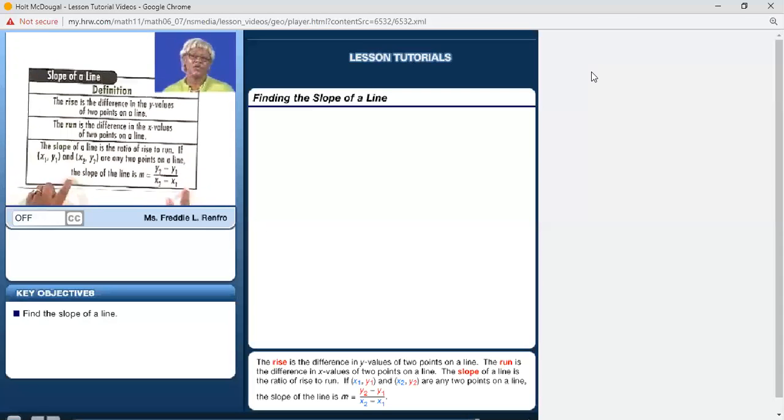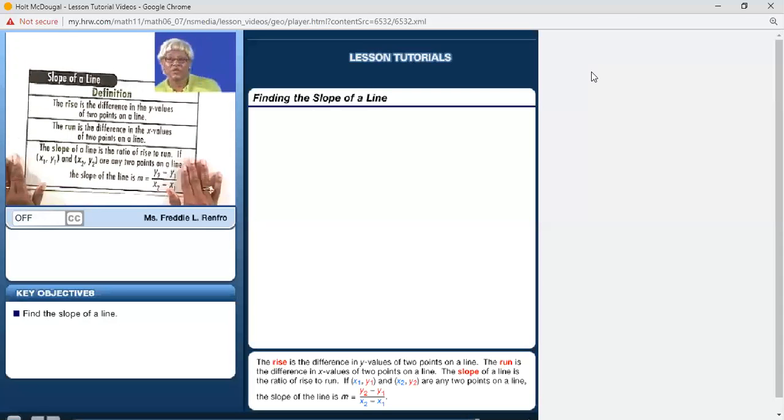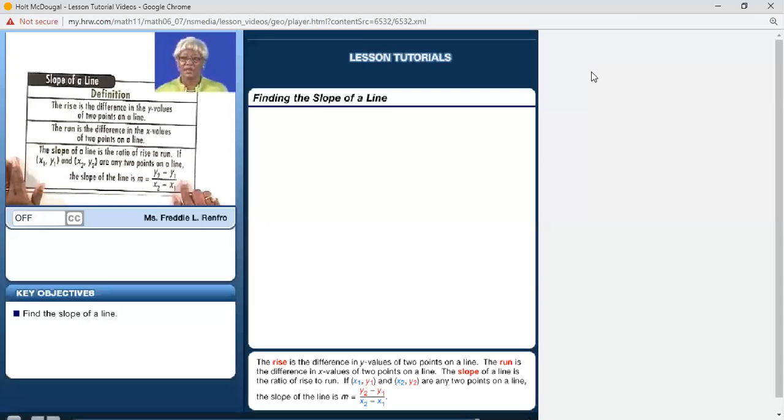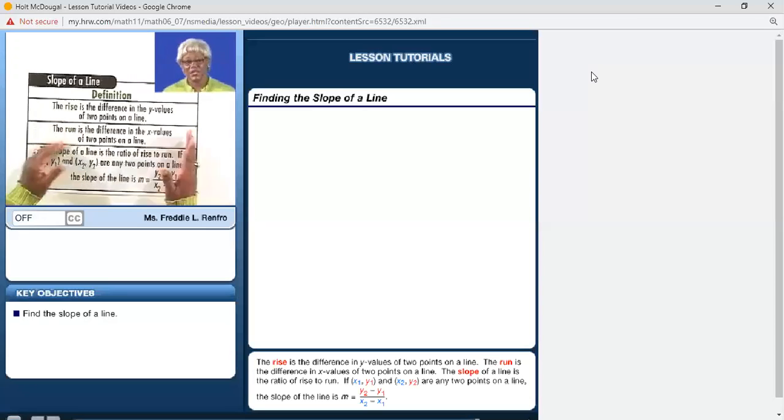You can also think about slope in terms of rise over run, where the rise is the difference in the y values of the 2 points on a line, and the run is the difference in the x values of the 2 points on a line. With this in mind, let's find some slopes.